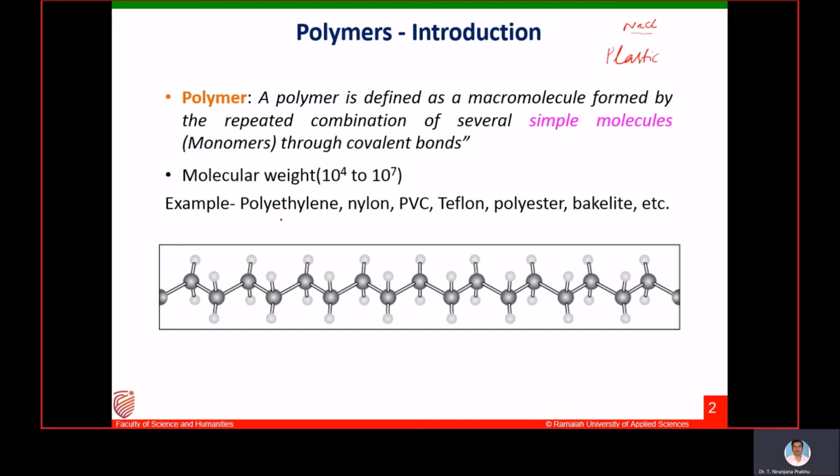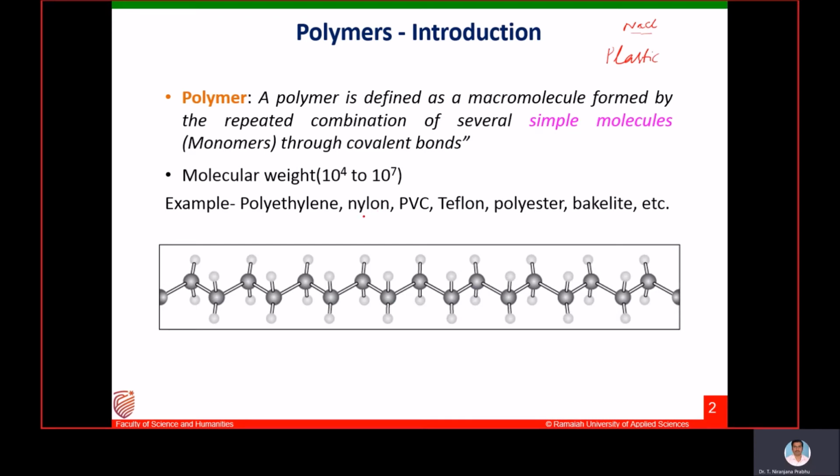So what are the examples that lie in front of us? When we talk about polymers in day-to-day life, in various applications, we use polyethylene. The carry bags we use are made of polyethylene, and several other plastic articles too.